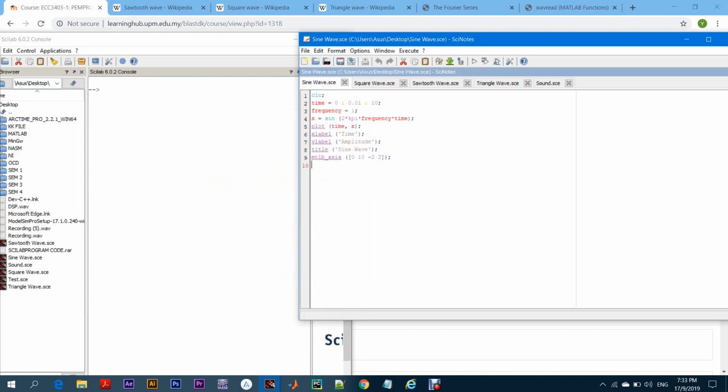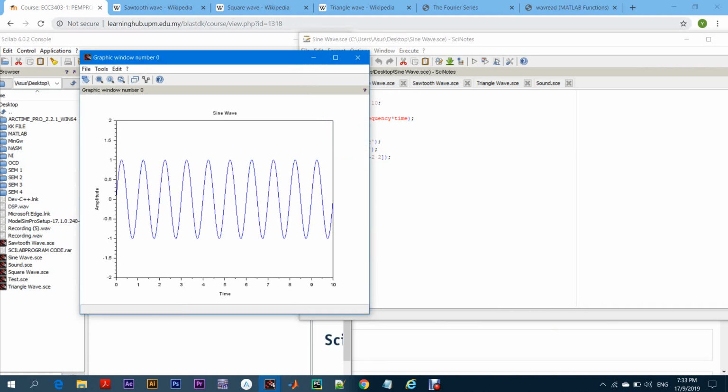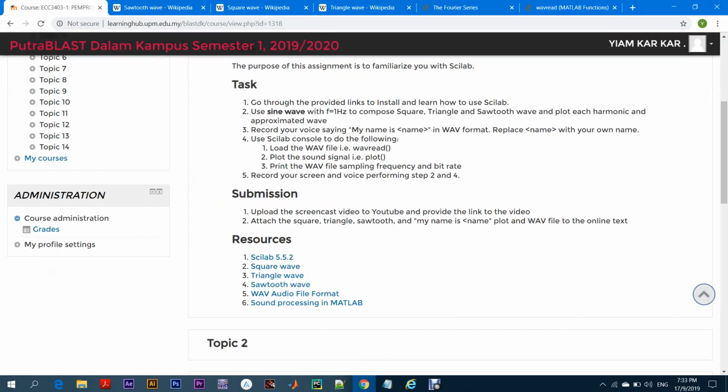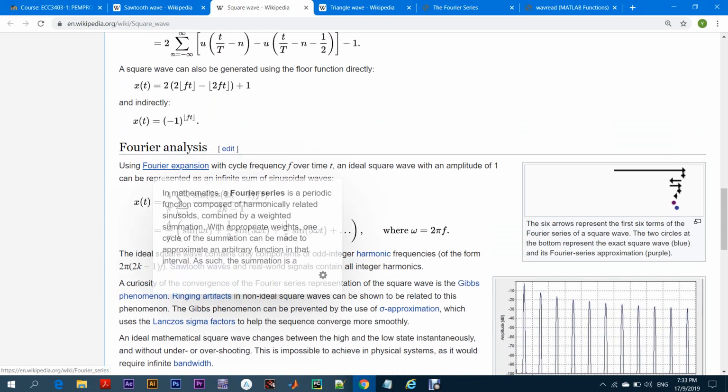So to compose the square wave by using this sine wave, we need to find the formula, where the formula is given from the link here, written here, Fourier analysis.